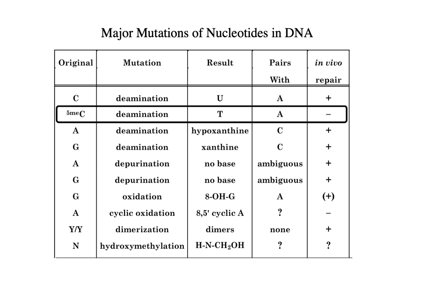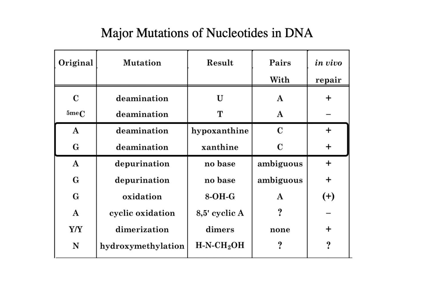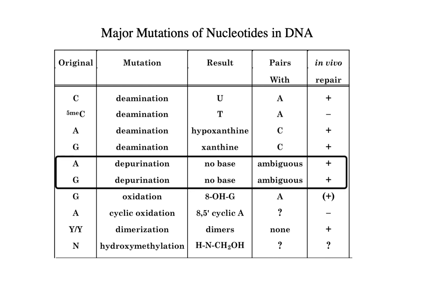or in any cell actually. Deamination of these purines, either A or G, become hypoxanthine or xanthine, but there are repair enzymes for those. Depurination by acid conditions, usually no base, and that becomes ambiguous, but those are also repaired.